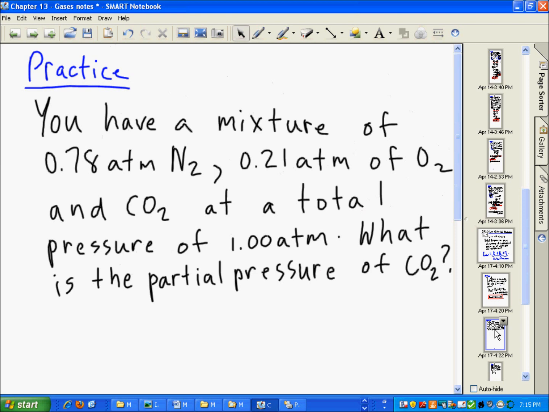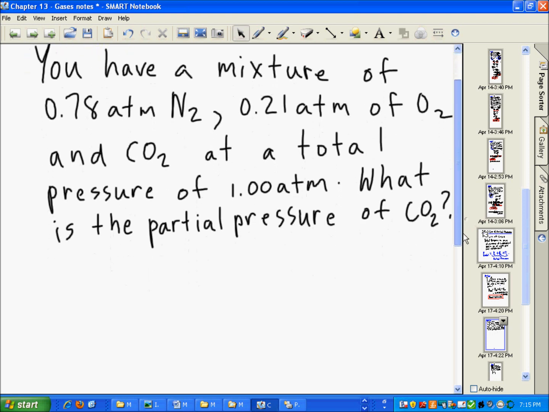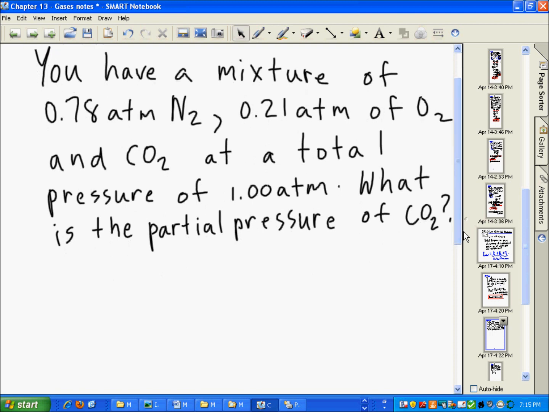Here we have another mixture of gases. In this one we have 0.78 atmospheres of nitrogen, 0.21 atmospheres of oxygen, and CO2 at a total pressure of 1.00 atm. What's the partial pressure of the CO2? So let's summarize this question first. We have N2, and its partial pressure is 0.78 atm.